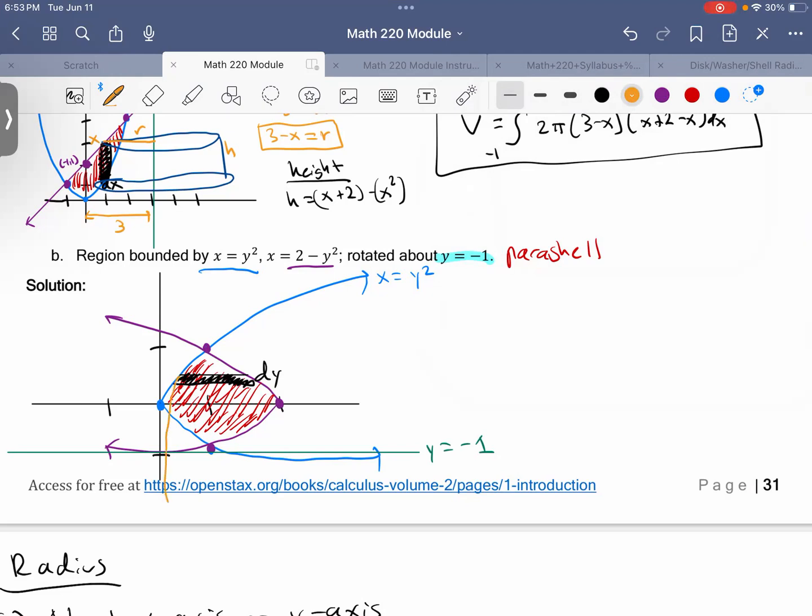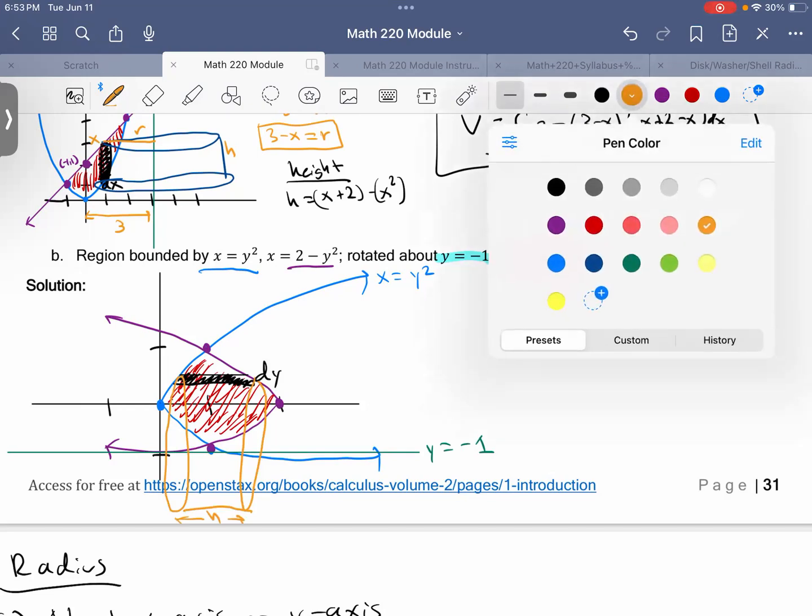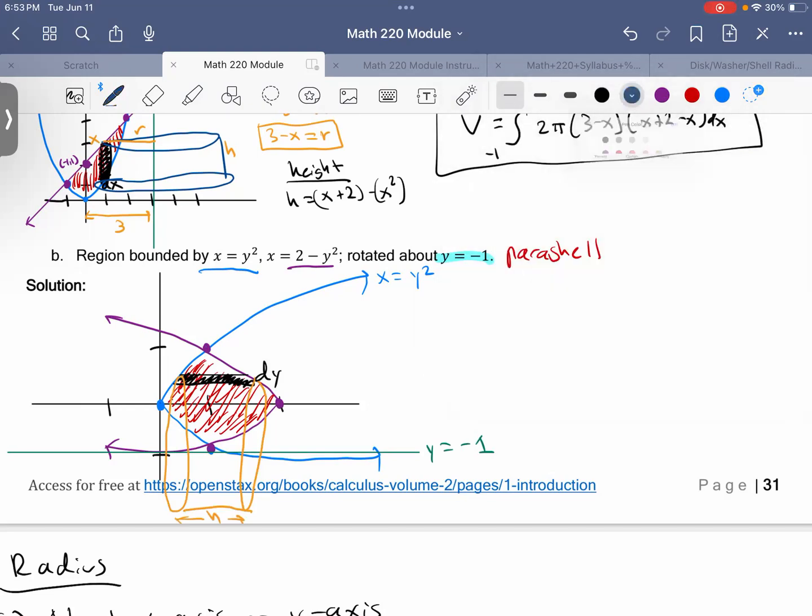It looks something like this. Excuse the line at the bottom. Your height is going that way, and the radius, I'll use a different color for that. That's your radius.